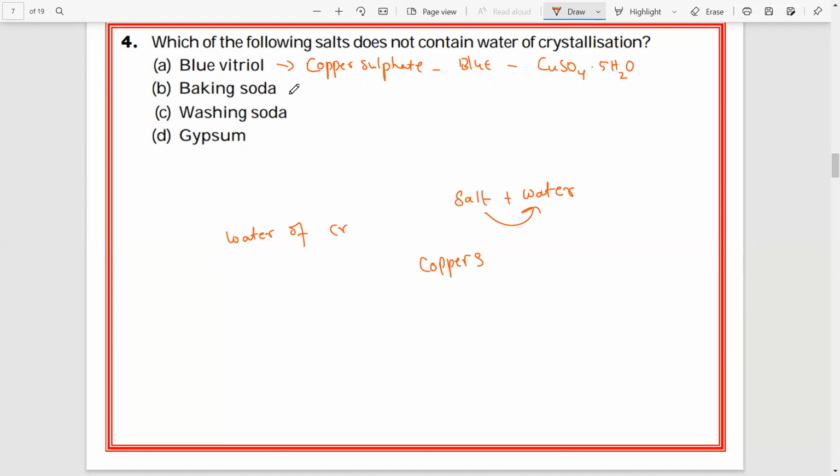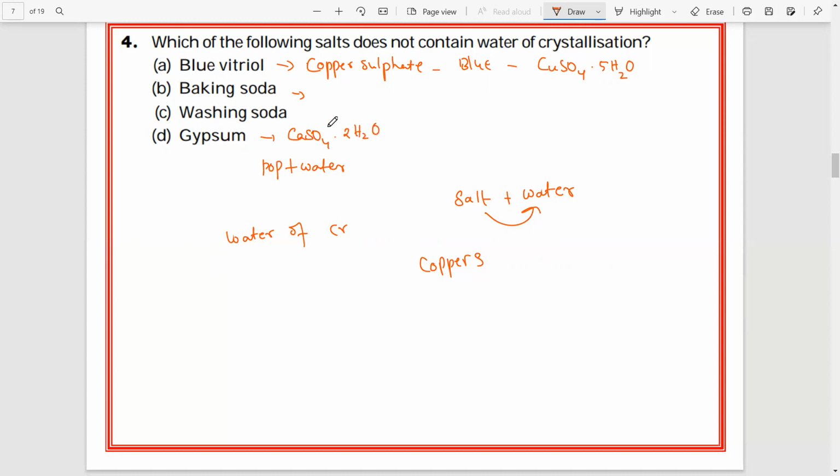Now you see baking soda, washing soda, gypsum. You know how gypsum is produced? POP, plaster of Paris, plus water is gypsum, and the chemical formula of gypsum is CaSO4.2H2O.